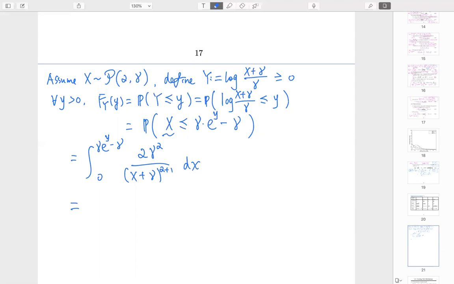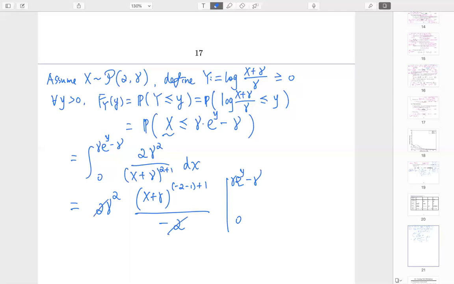What you get is negative alpha minus 1 plus 1, right? And then you divide by negative alpha. You can actually cancel this alpha if you want. So in the end, when I plug in 0, it's negative alpha, right? So it cancels, so it's 1 minus.